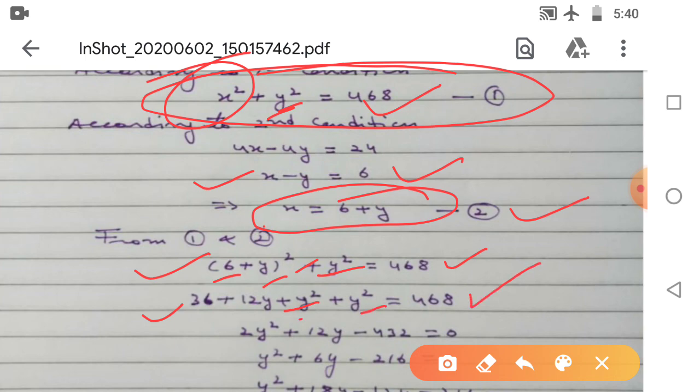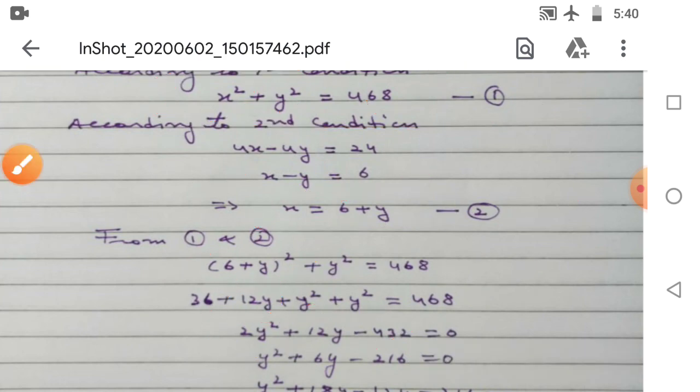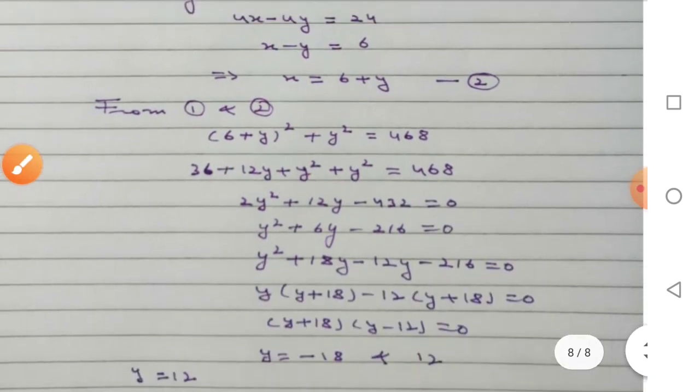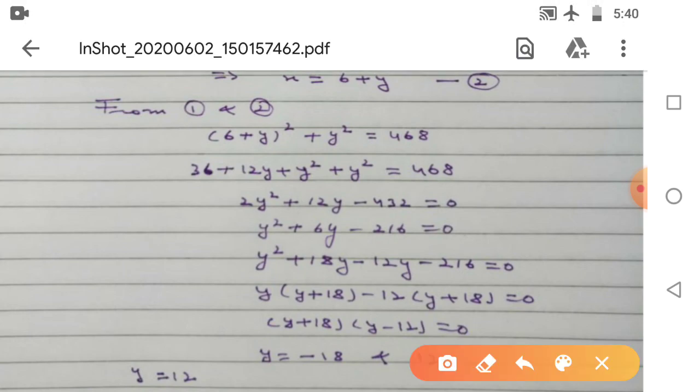When you add y square plus y square it becomes 2y square, and 12y, and then 36 minus 468 is minus 432, equal to 0. So, finally, the equation is y square plus 6y minus 216 is equal to 0.